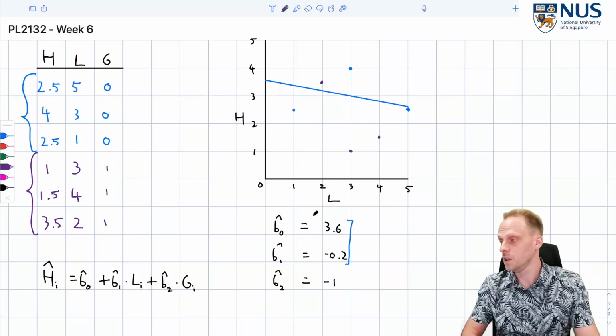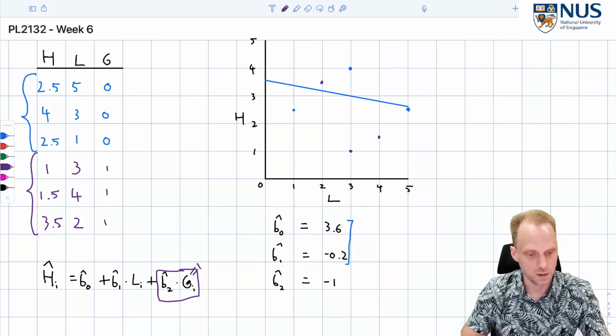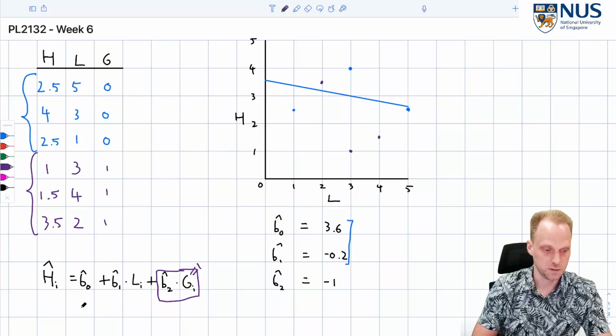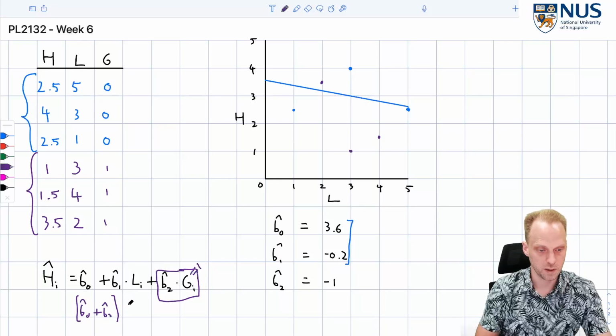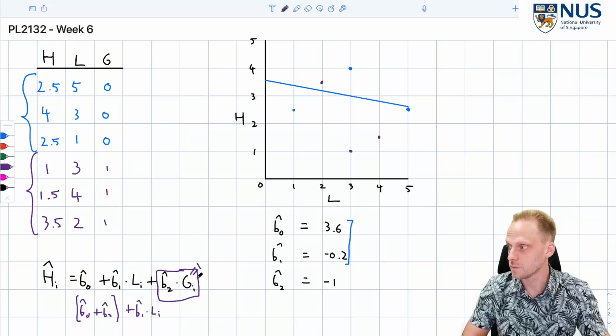Then for the cats, we add this term because this is now 1, right? So for the cats, the expression is B0 plus B2, and you can see that as a different intercept, plus B1 times loneliness, because this G here is 1 for every cat.